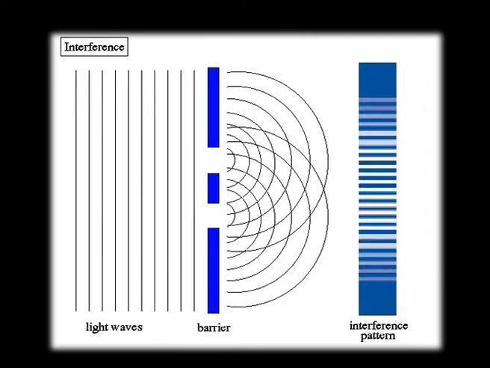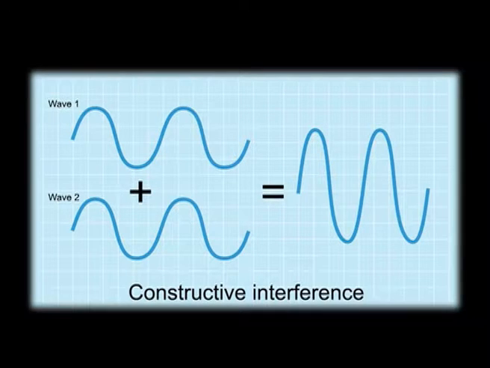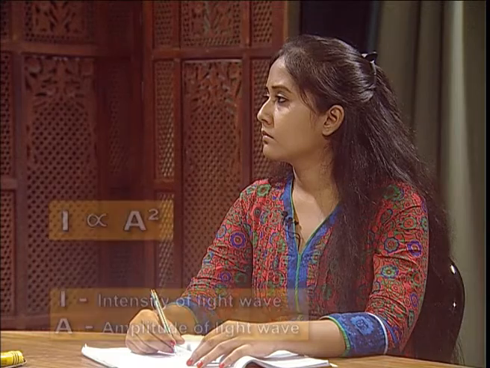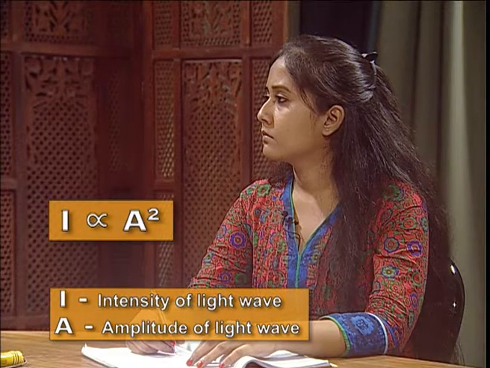Now, if both the waves are in phase, that is, both the interacting waves have their crest and trough matching, this interference will give rise to an increase in the intensity of light, because we know that I is proportional to the square of amplitude. It's not that whenever waves interfere, there is an increase in amplitude.